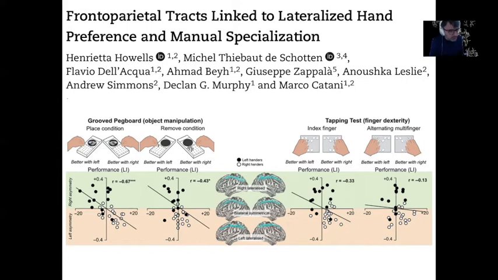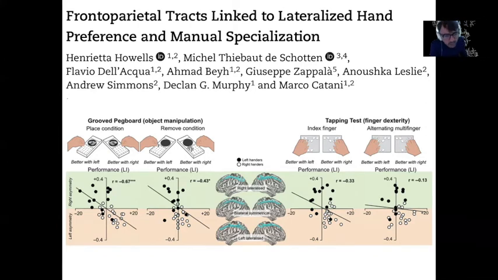If you do a lateralization index, the bigger your SLF1 in the right hemisphere, the faster you will be with the left. The bigger in the left hemisphere, the faster you will be with the right.